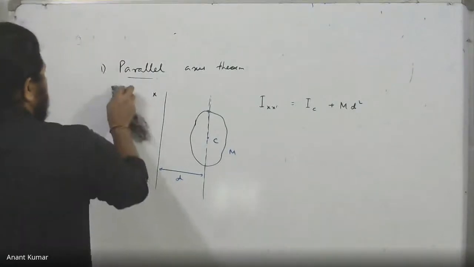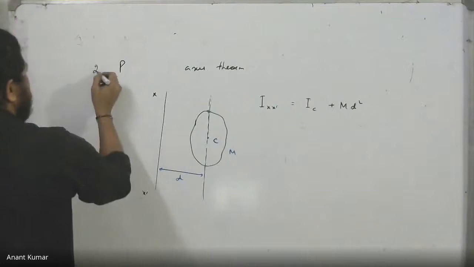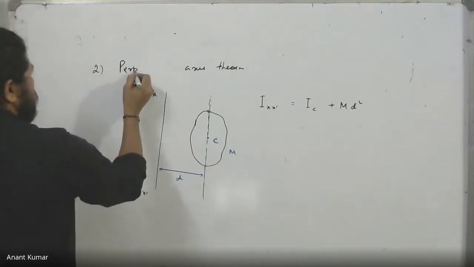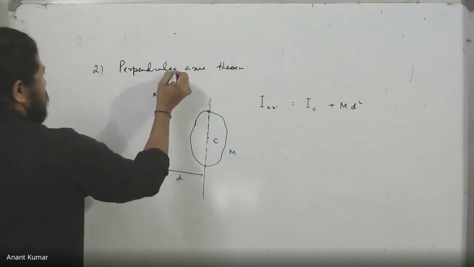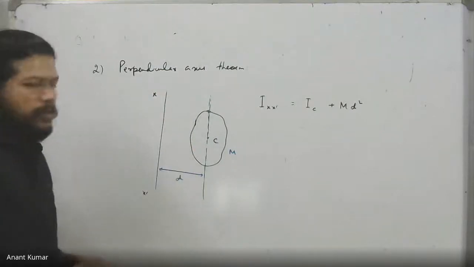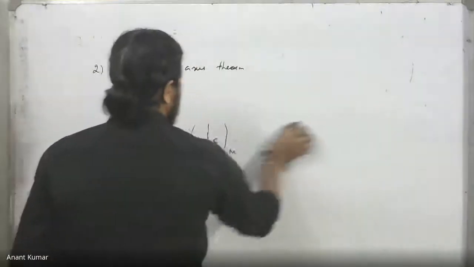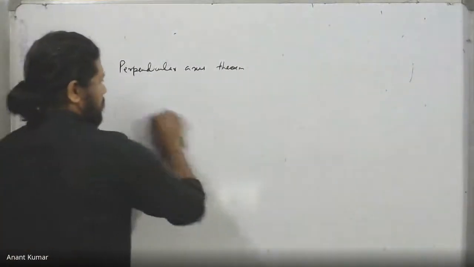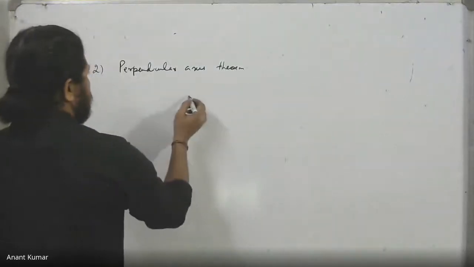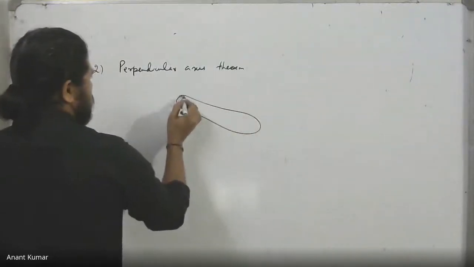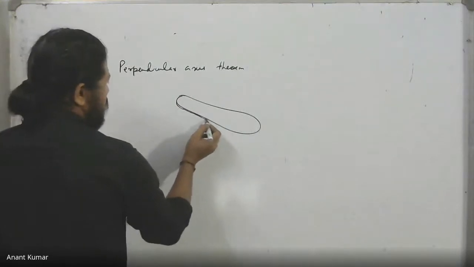What the result says, the perpendicular axis theorem is applicable for thin sheet-like objects.